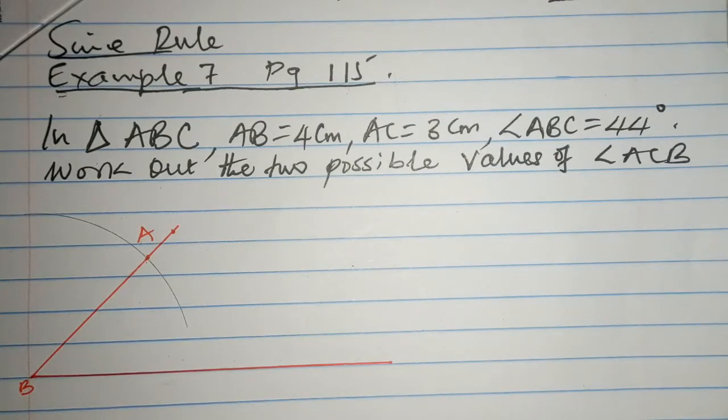We are told that AC is 3 centimeters, and we are also told to work out the two possible values of angle ACB. What does that mean?